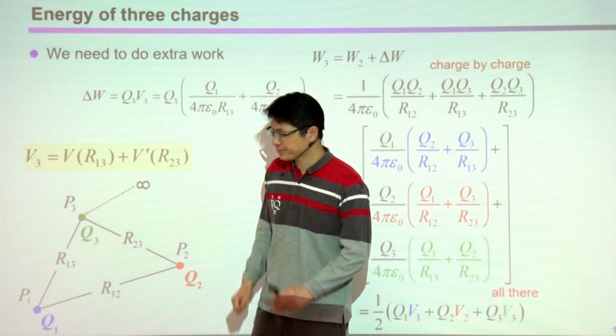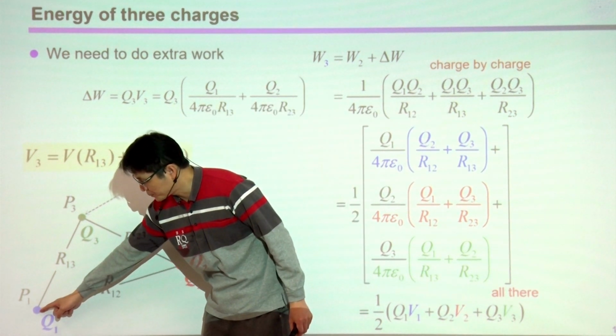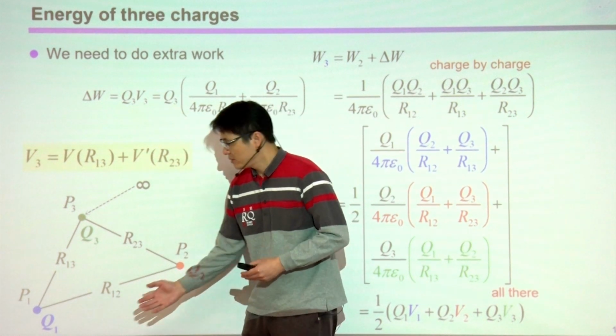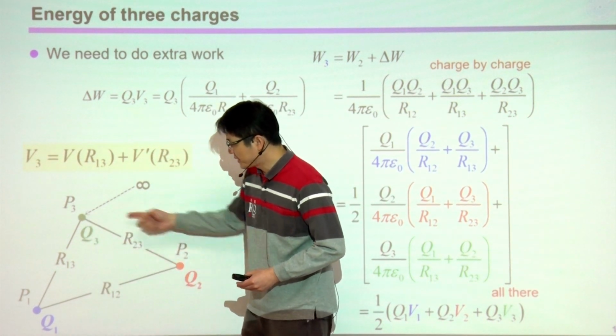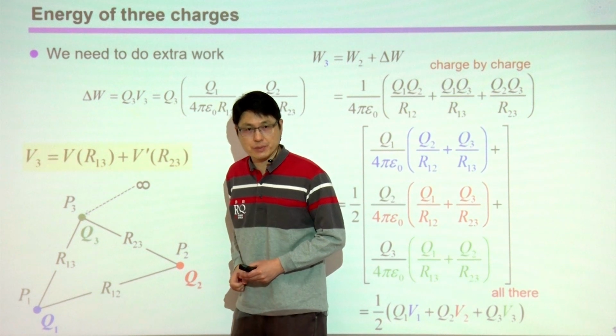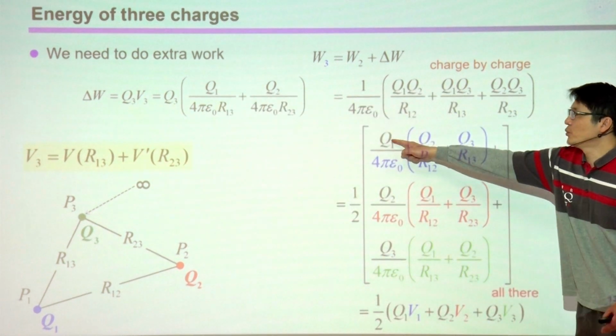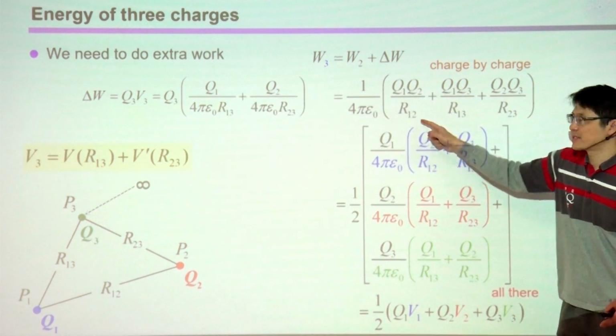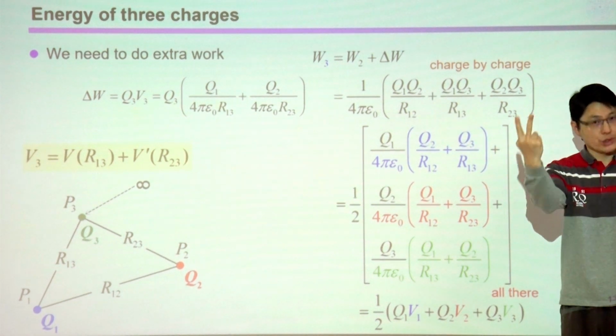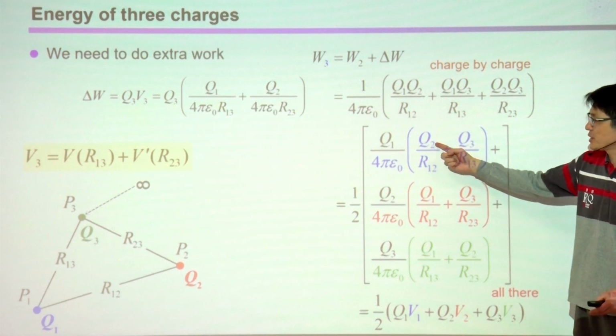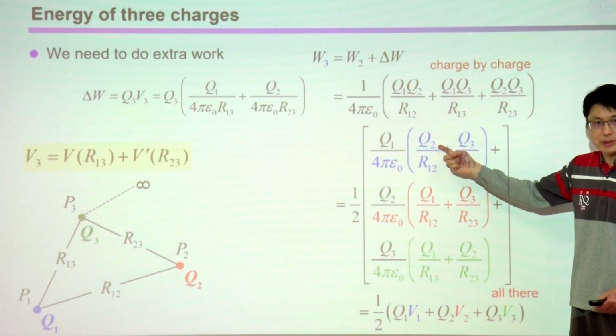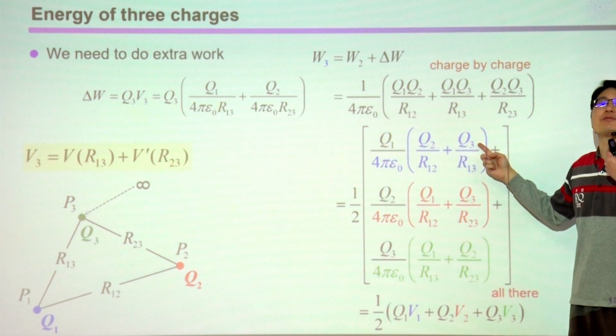So if I have charged particle 1, then I have to work against the potentials of these 2 charges, right? Therefore, Q1, you have to work against V1. V1 has 2 contributions: the potential coming from charge 2 plus the potential coming from charge 3.